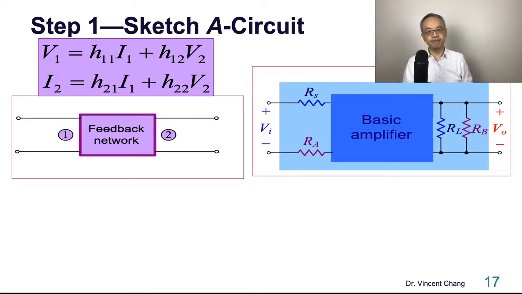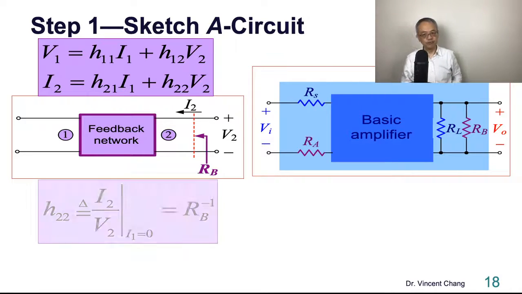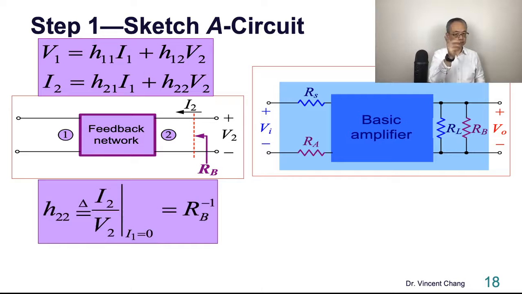What about RB? RB is defined by 1 over h22. So here's h22. Look at the equation: I2 over V2, set I1 equals 0.